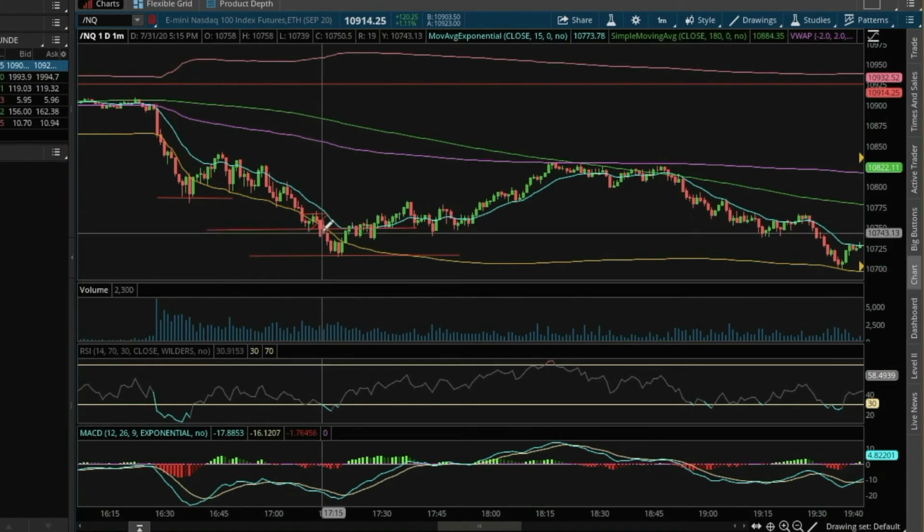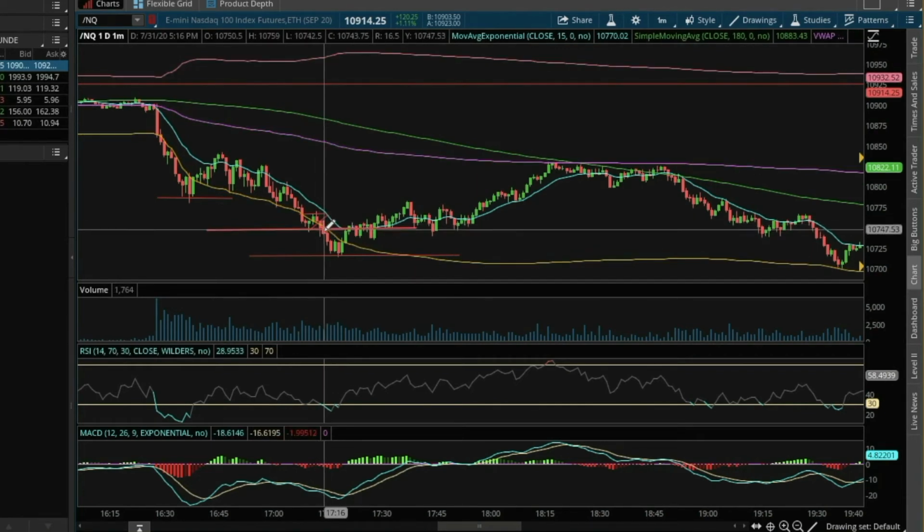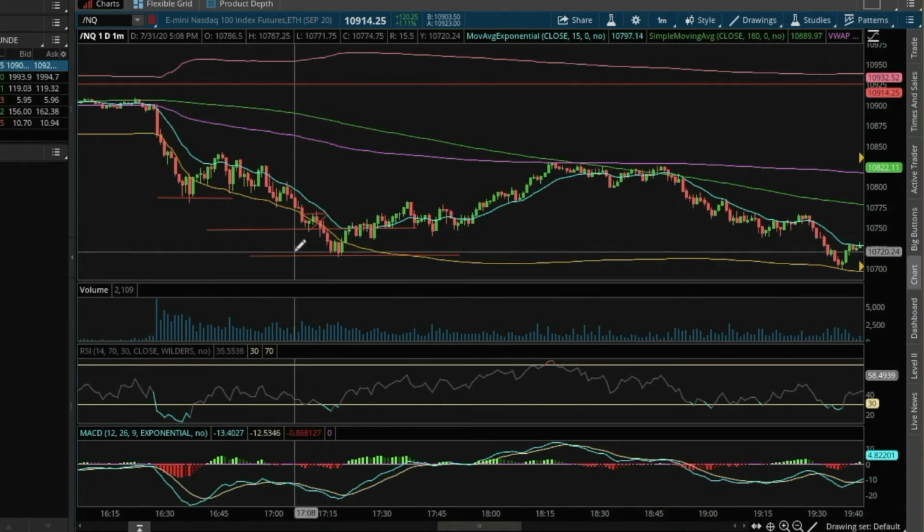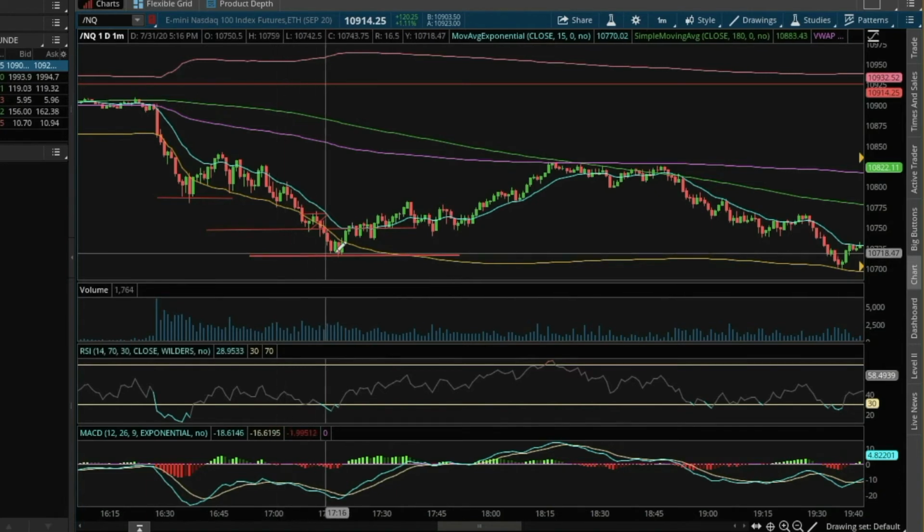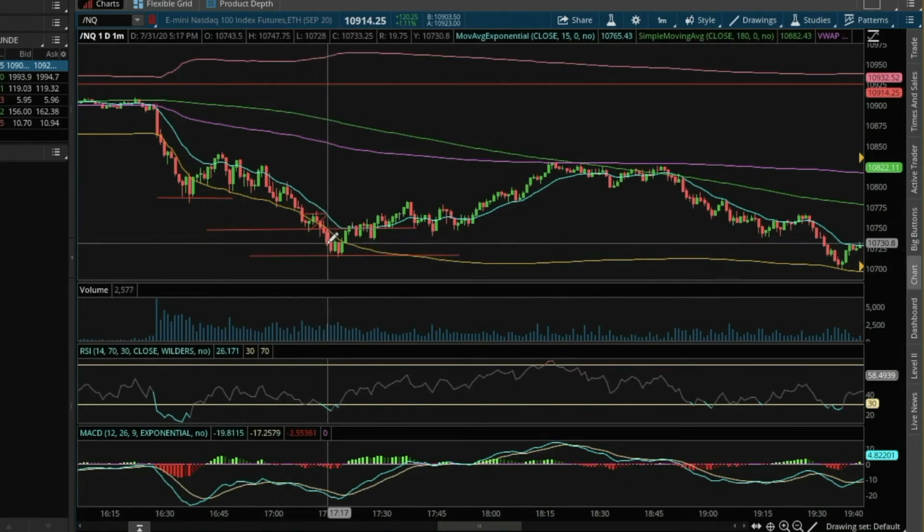So I actually entered on this candle. It pulled back a bit, but it got rejected, so that was a really good sign. And I didn't really respect my sell point. I should have set my limit order right here, but I actually sold around this level. But that's not really a problem here.